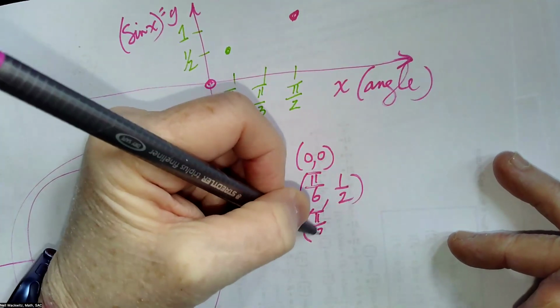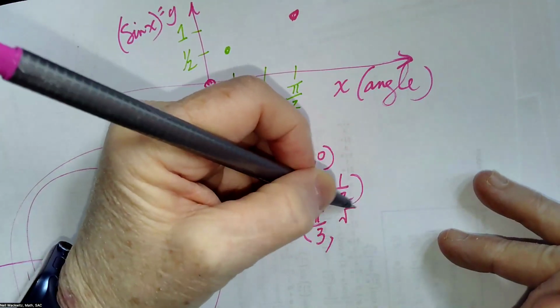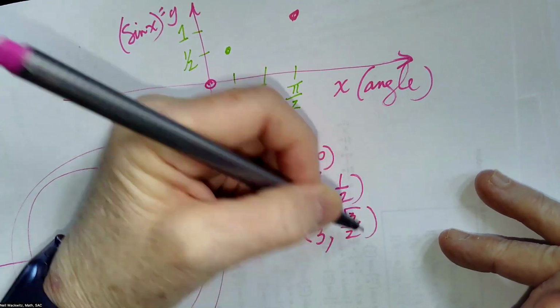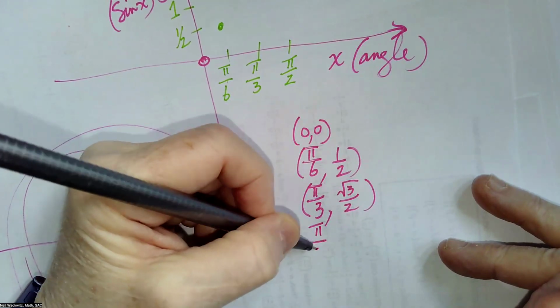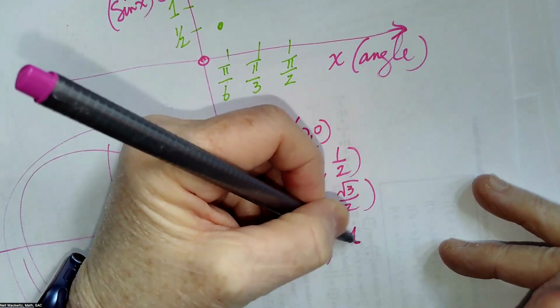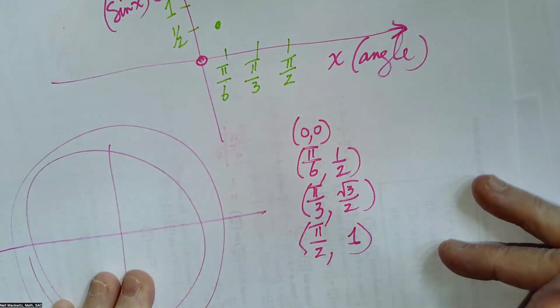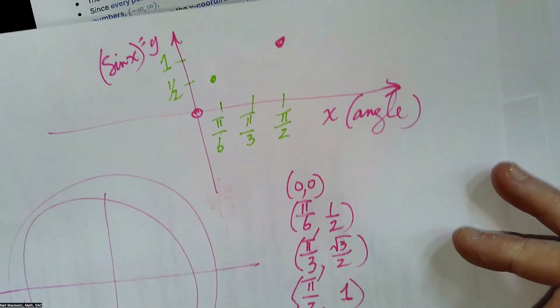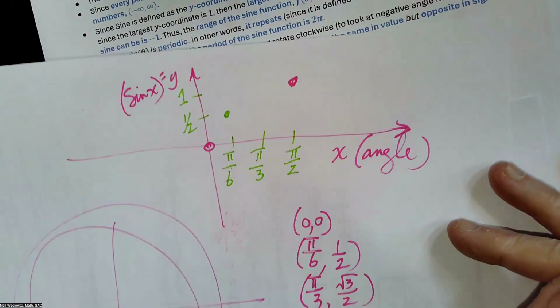I'm going to go ahead and fill in pi over 3, square root of 3 over 2, and pi over 2, 1. So those are the first 4 points that we're going to look at for sine.